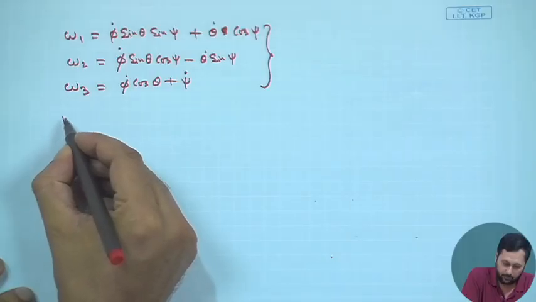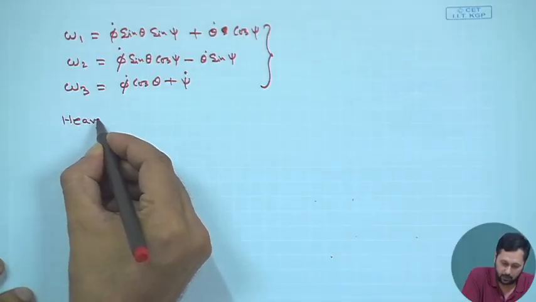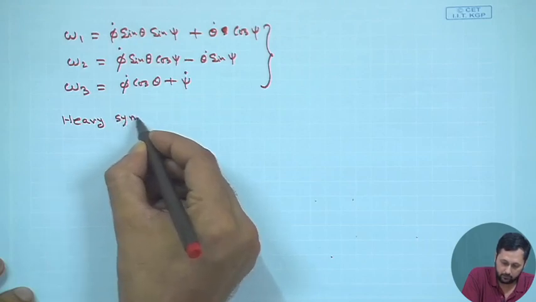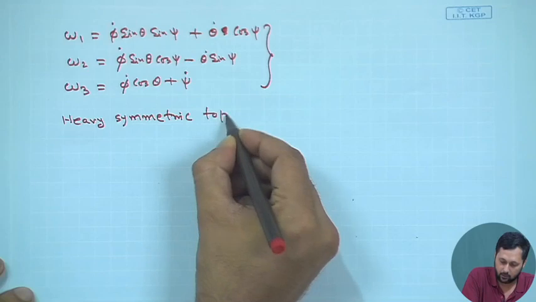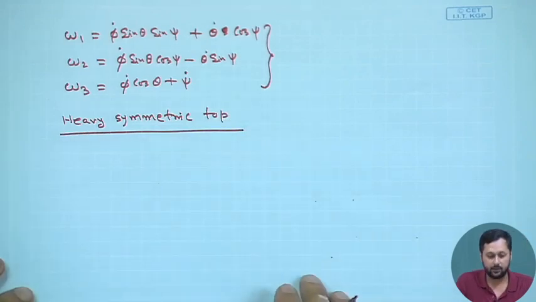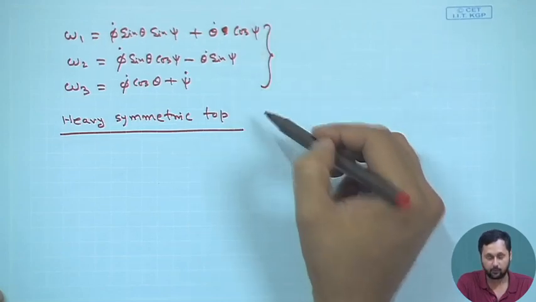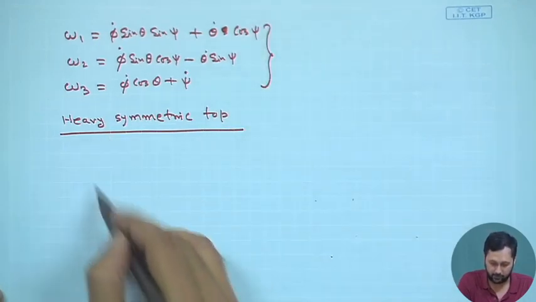So, we will take the example of a heavy symmetric top and figure out how to use these three sets of equations in order to express the motion of this top.